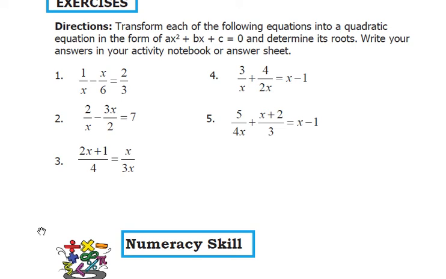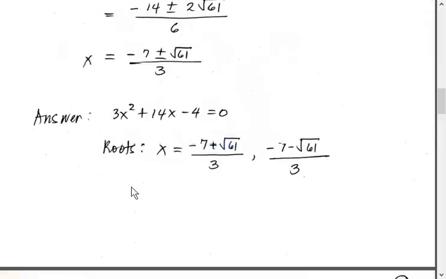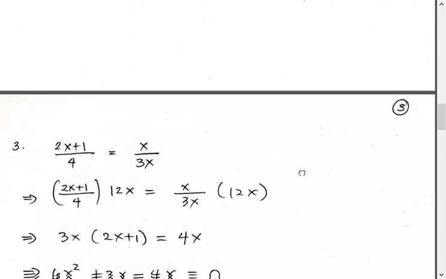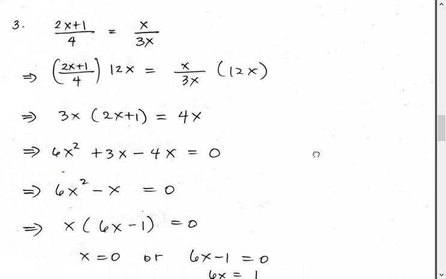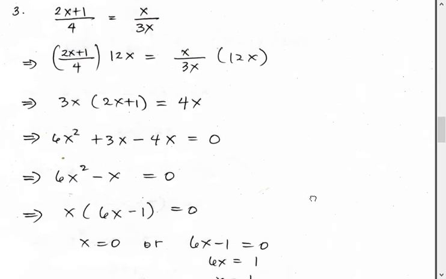Number 3, we have (2x plus 1) divided by 4 is equal to x over 3x. Solution. The LCD between 4 and 3x is 12x.